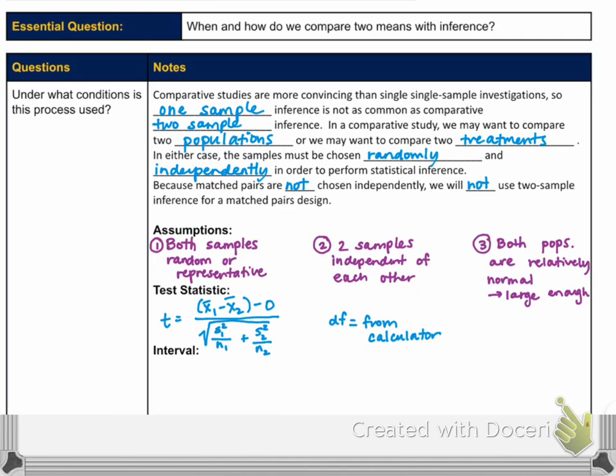The other thing is, again, we still have degrees of freedom because we're talking about means. The degrees of freedom formula is in your textbook in chapter 23. You're welcome to go look at it since you're sitting at home and you probably have it nearby somewhere. But it's a super complicated formula. We're just going to find degrees of freedom from your calculator, and I'll walk you through how that goes a little later. And then the interval formula, again, starts with taking your 2 means and subtracting them, and then adding and subtracting a t-critical for whatever your degrees of freedom is, and then multiplying that by your standard error, as we already talked through on the bottom of your test statistic formula.